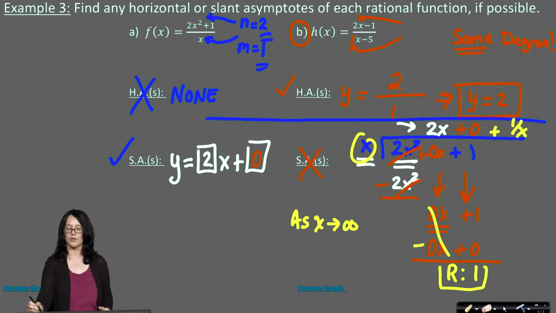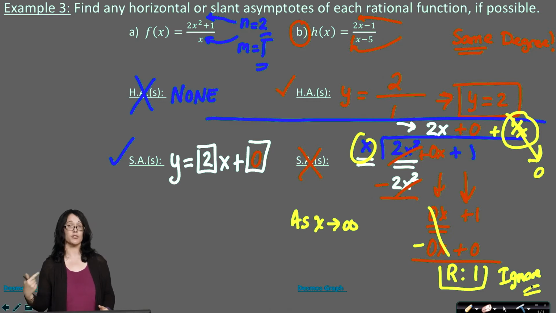Aren't you getting closer and closer to 0? So it turns out you get to ignore remainders when you're using long division to find slant asymptotes. This is the only time where you can just throw out a remainder, say I don't need it, because we're talking about a limit idea. As your denominator gets bigger and bigger, that whole fraction will get closer to 0, so we don't need to discuss it if we're just looking for the limit.